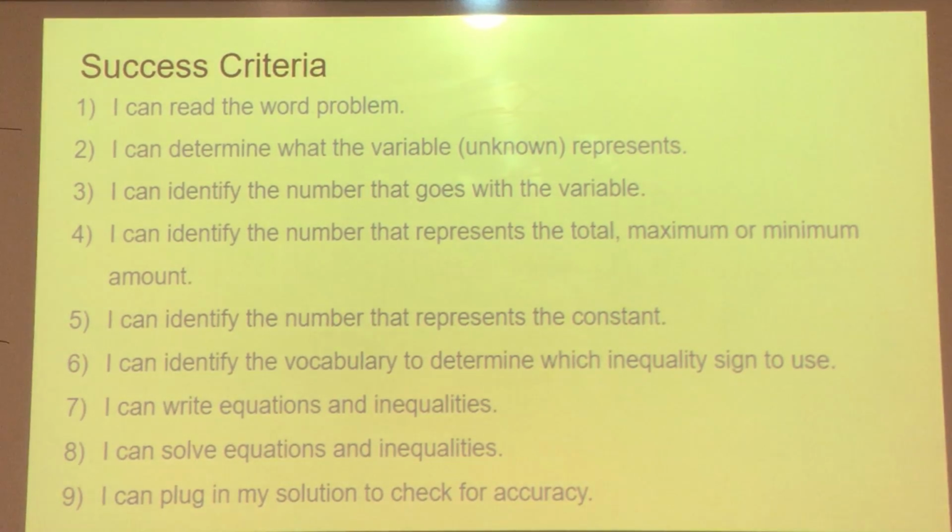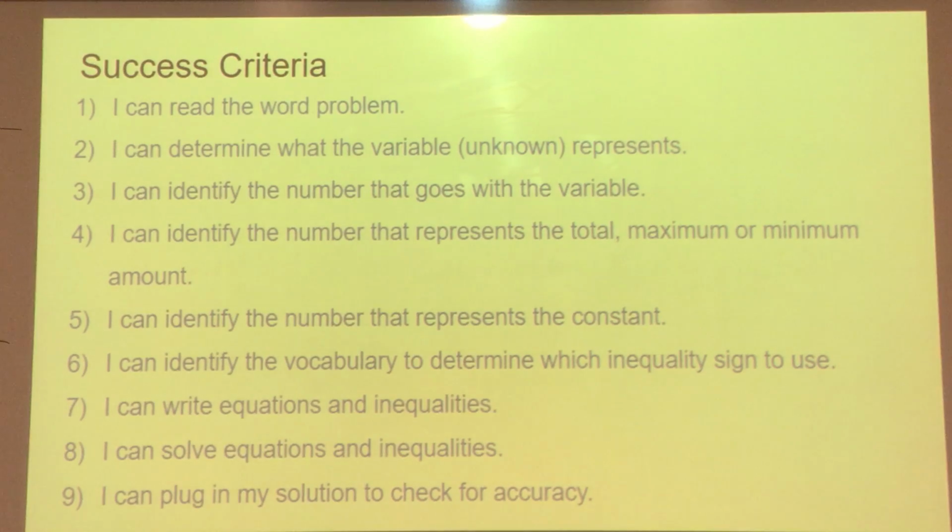We also need to be able to identify the number that goes with the variable. The specific math term for that is the coefficient. We need to be able to identify what the coefficient is. And the coefficient is going to be like the best friend of the variable. They go together. We need to be able to identify the number that represents the total, the maximum, or the minimum amount.